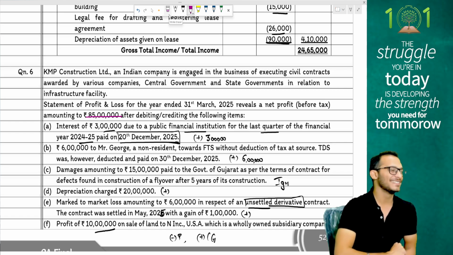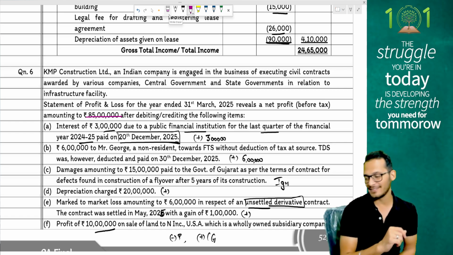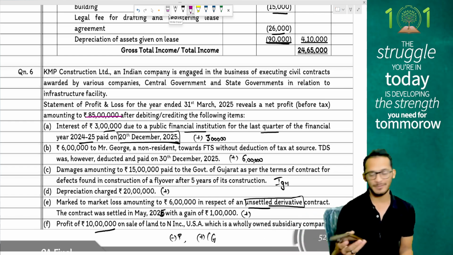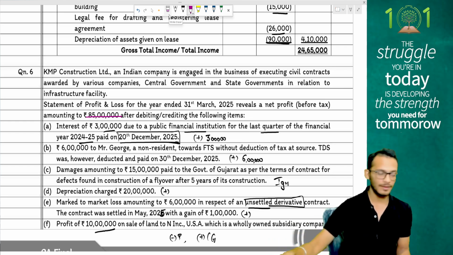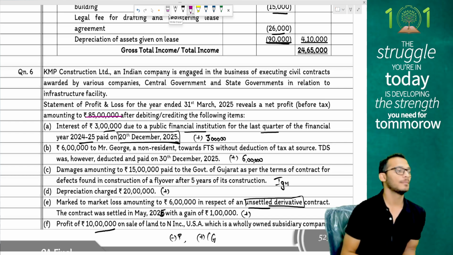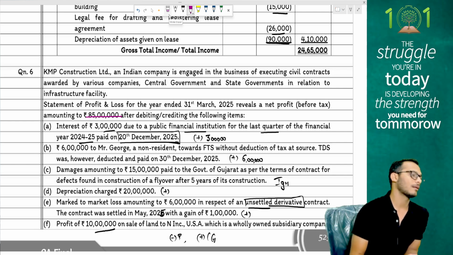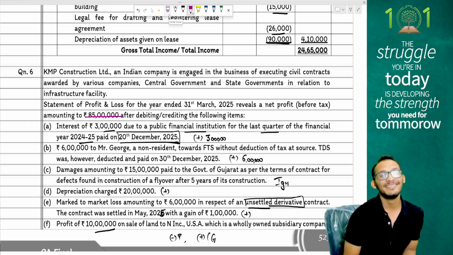When you don't know the section, that's the easier thing to do. As per section 40(a)(i), payments to non-residents shall not be allowed as deduction.